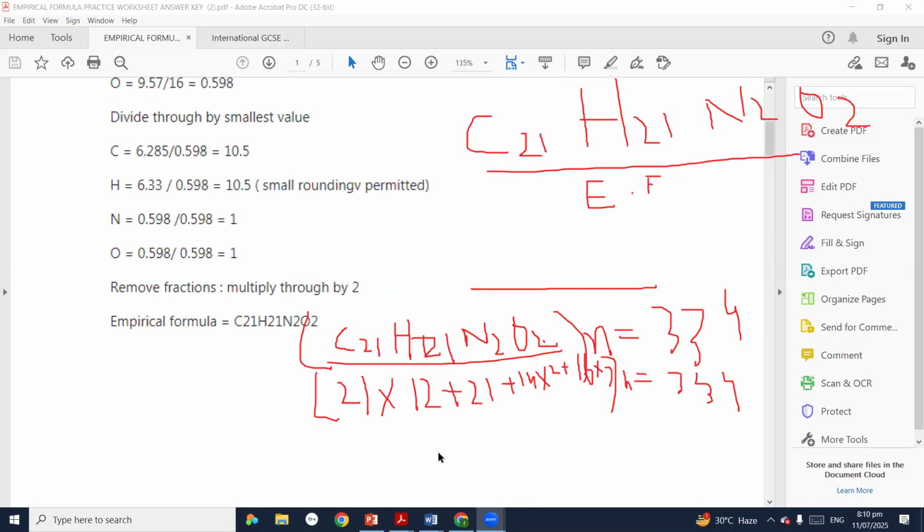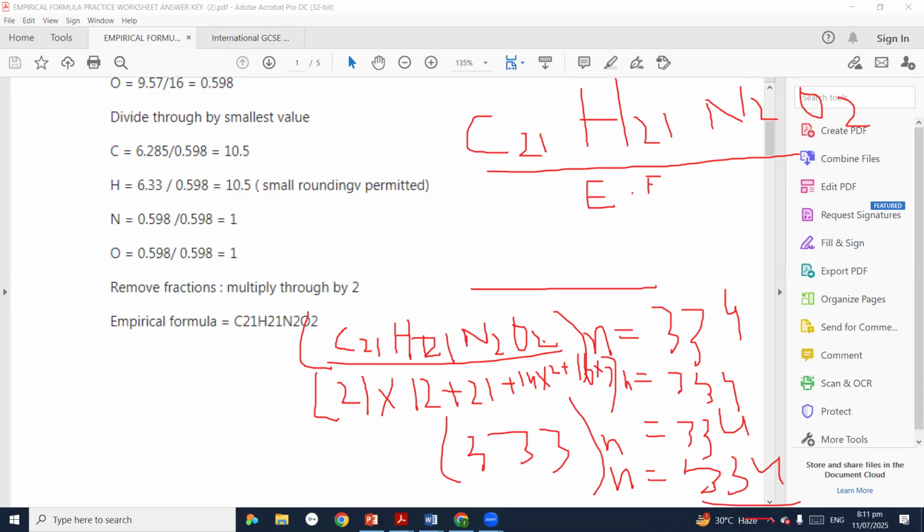So it is 333. 333n is equal to 334, and if I want to calculate n, it will be 334 divided by 333. So it is approximately 1.